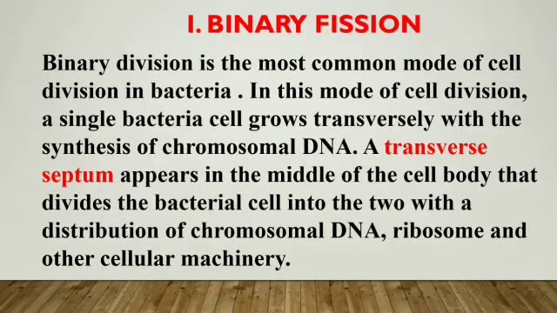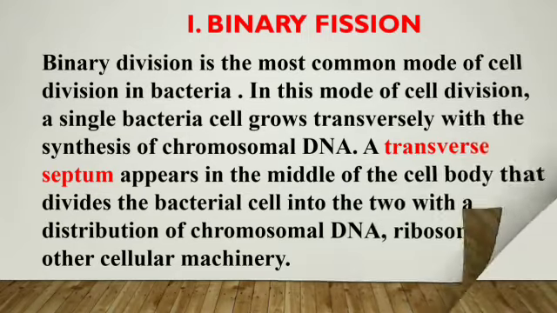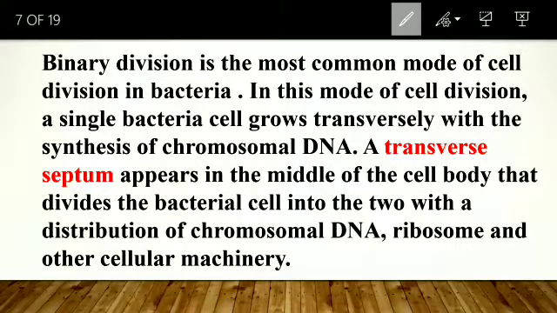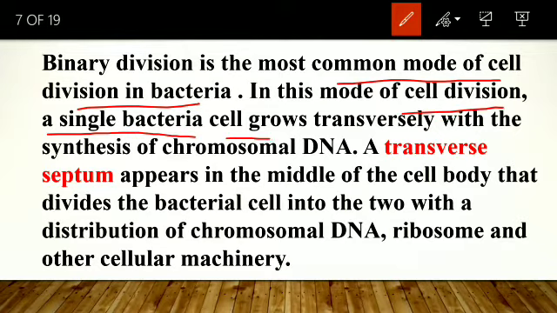What is this binary division or binary fission? Binary fission is the most common mode of cell division in bacteria. In this mode of cell division, a single bacterial cell grows transversely with the synthesis of chromosomal DNA. That means a bacteria doubles its DNA content.